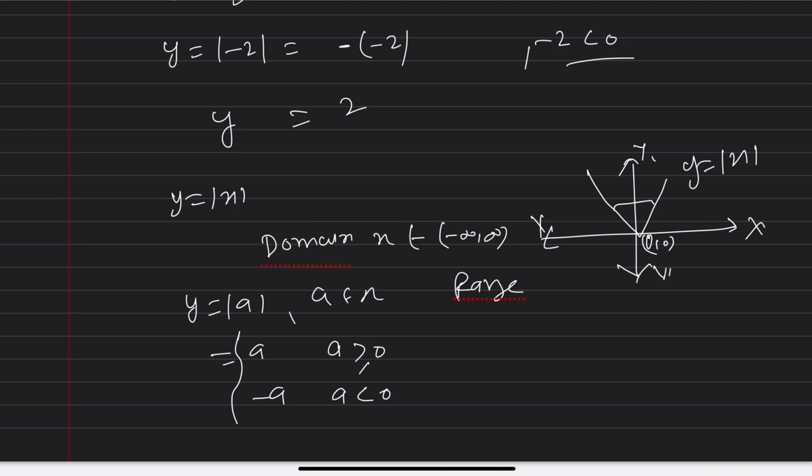So you can see that all the values of y equal to mod x are greater than or equal to 0, right? So our range is going to be 0 to infinity, including 0, because at 0, if you take y equal to mod of 0, it gives you 0, right?